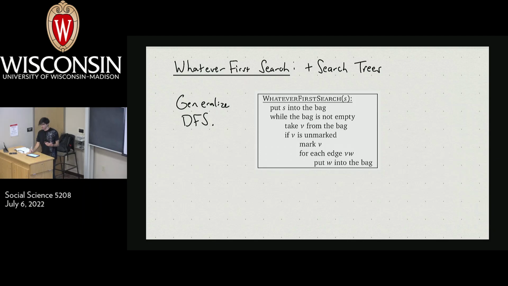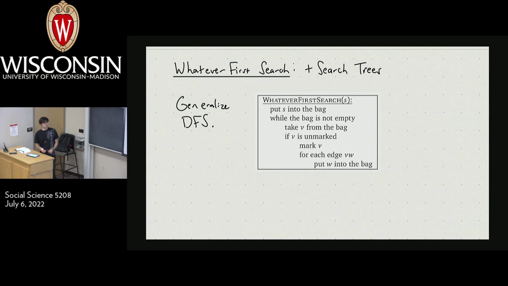And the idea here is we don't really care what the specific data structure is that we're using to store things. If you've seen DFS before, another way to represent DFS is to do something like this with a stack. So instead of recursion, you just keep putting nodes onto a stack and then popping them off. But we don't really need to use a stack.